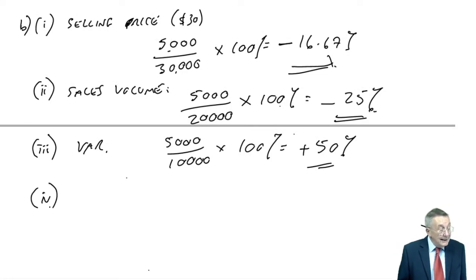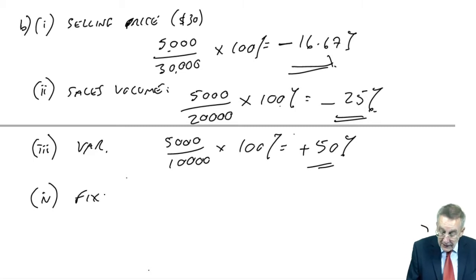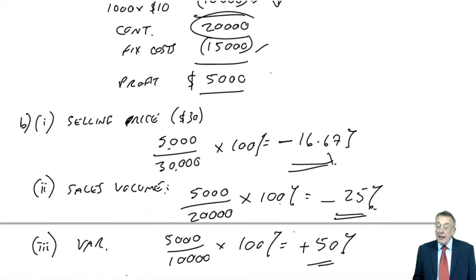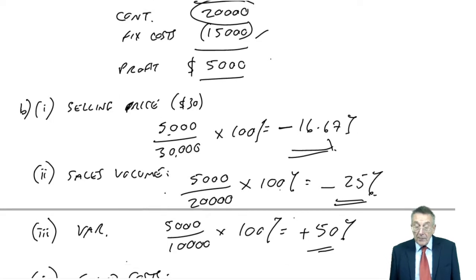And finally, the fixed costs. Well, again, if you've been happy so far, you should be able to do it almost without thinking. Fixed costs are 15, if that's the only thing we're uncertain of. For the profit to go to 0, fixed costs would have to go up by 5.